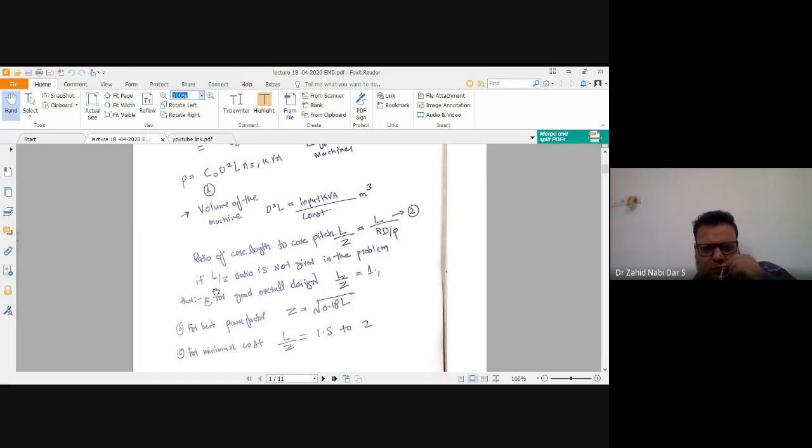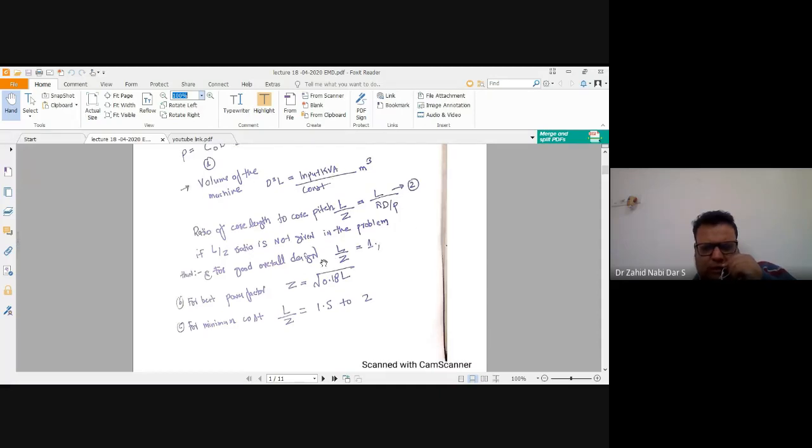Okay. So see, if your L by Z ratio is not given in the problem, then for good overall design, L by Z we usually take as 1. Good overall design means your dimensions, induction motor length, volume, and the cost of material, including your power factor, minimum cost, everything should be optimum.